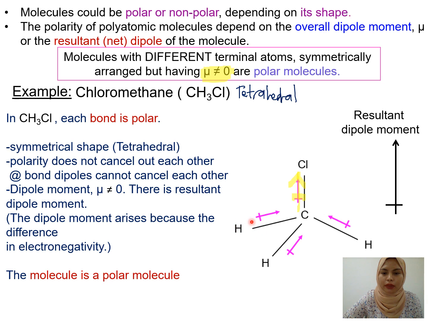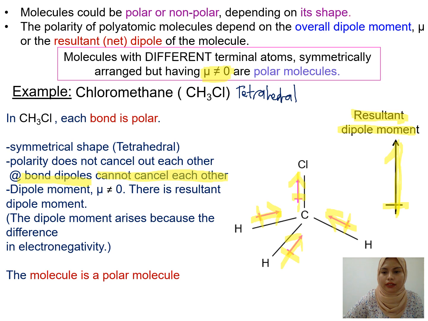So that's why the bond dipole dia daripada hydrogen menuju ke carbon. Okay, sebab apa? Sebab hydrogen dia less electronegative compared to carbon. Okay, so you nampak tak kat situ bond dipole tu memang cannot cancel out each other. So bila dia cannot cancel out each other, maka terhasillah resultant dipole moment yang menuju ke atas.